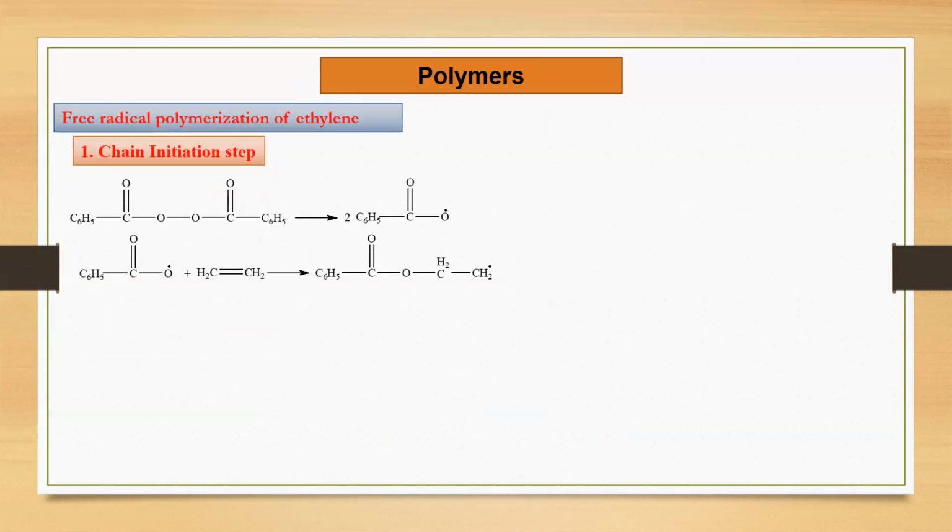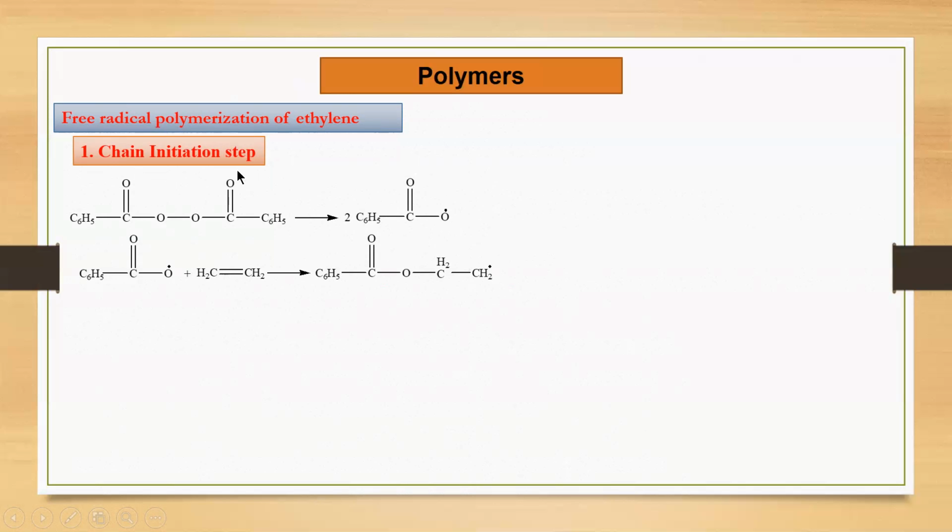To look into an example of chain growth polymerization, amongst free radical polymerization, cationic polymerization, and anionic polymerization, free radical polymerization is the most common. So I'm discussing the example of polymerization of ethylene.